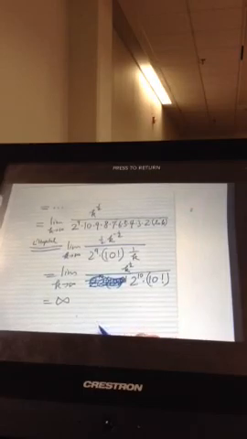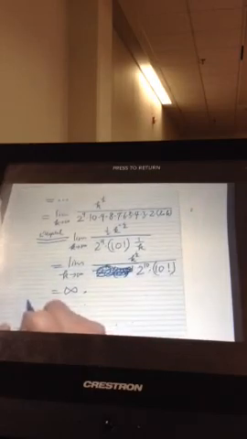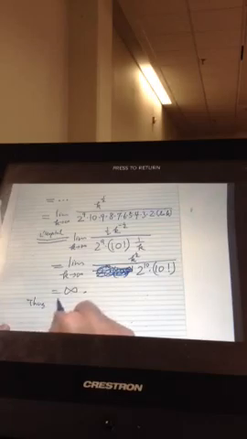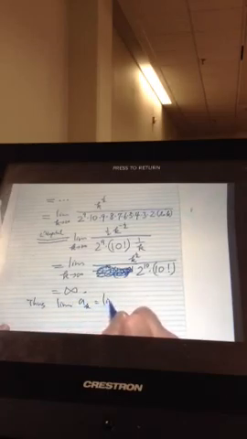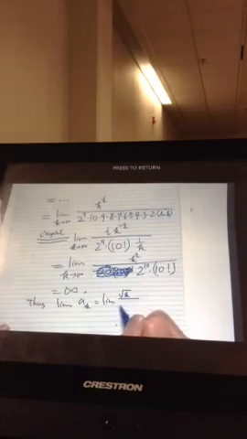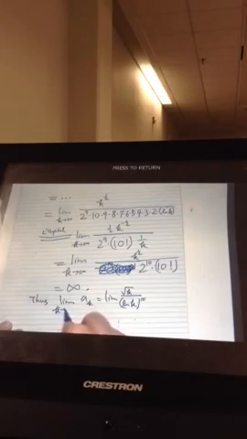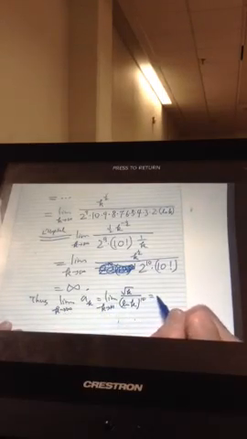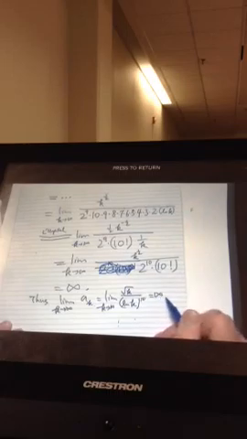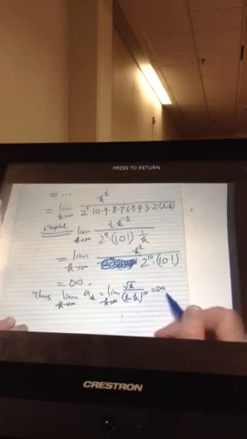Therefore, the limit of a_k, in our case the limit of square root of k over natural log of k to the 10 as k goes to infinity, is infinity, which means it is not 0.